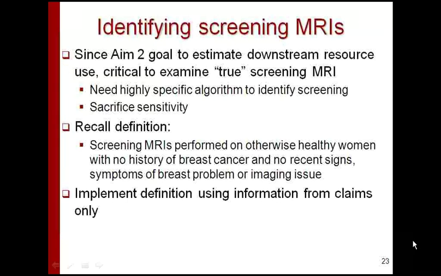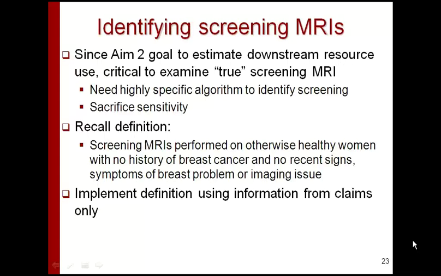Here the goal of our analysis is a little bit different than our trend analysis. Here we really care about each individual MRI, and it was very important that when we identified a screening MRI, it really was a screening MRI, so that swap between the two different indications wouldn't work here.